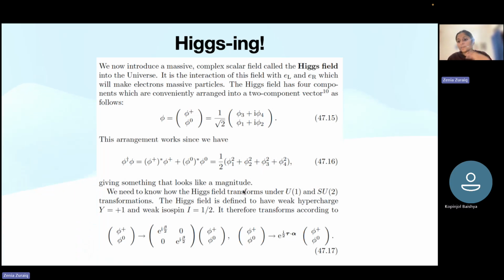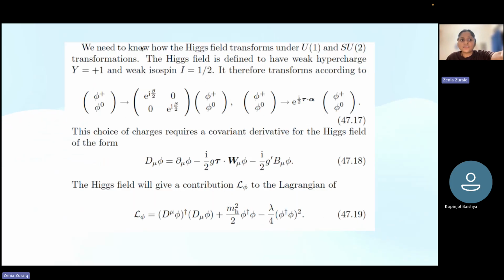People assign some hypercharge and weak isospin to it such that the mass transformations and all work out. So it turns out that it has to have hypercharge of this much, weak isospin of this much, then it transforms like this. And the point is that if we want to know how the Higgs field transforms under U1 and SU2, then because it has Y equal to +1 and weak isospin, you can define the transformations.